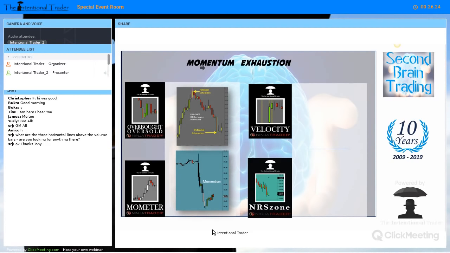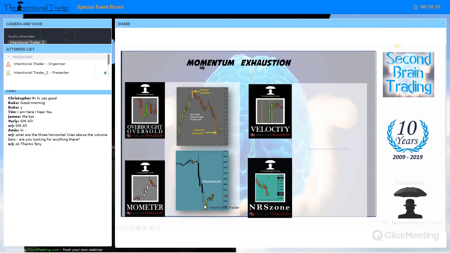Okay, so we have our MoMeter indicator. Our MoMeter indicator tells us when we have exceptionally strong momentum, and the bars will change colors. Now this is user definable, but in the trade room, when we have strong momentum, I have the bars go from a black color to a lighter gray to an almost white color.